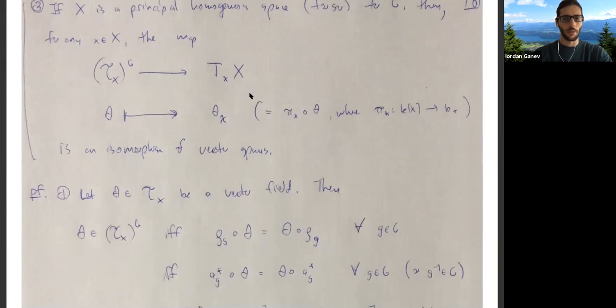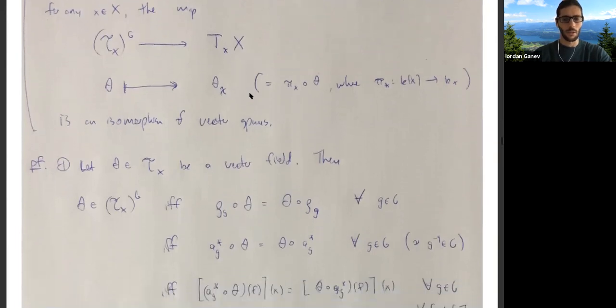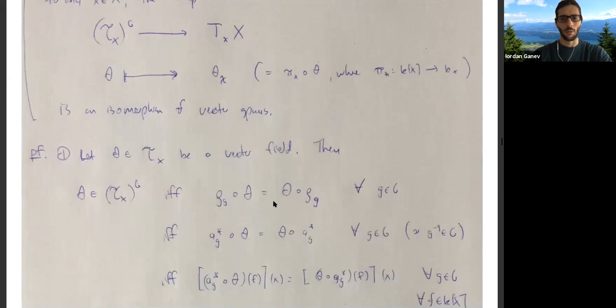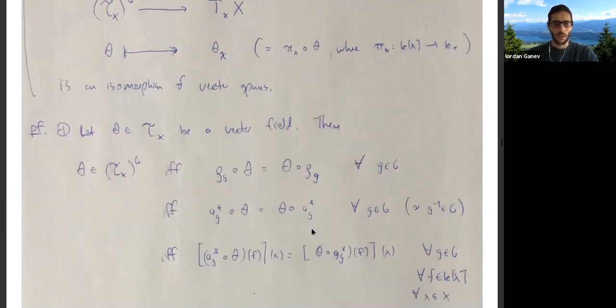By definition, it's equivariant if and only if it commutes with rho G for all the G's, and that's true if and only if it commutes with the A_G stars for all the G's, because as we saw, A_G inverse star is just rho G, so nothing going on there.